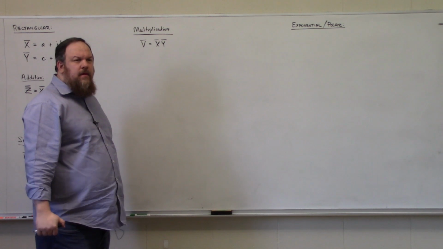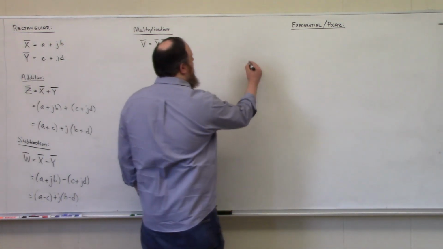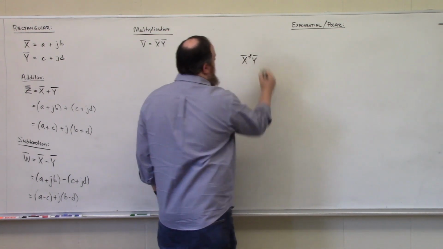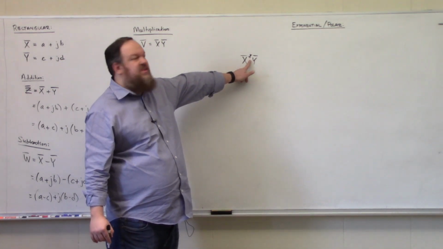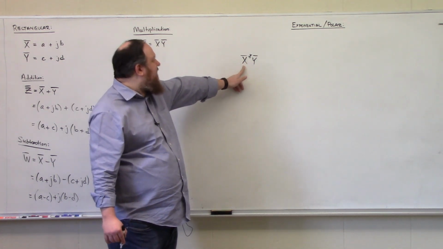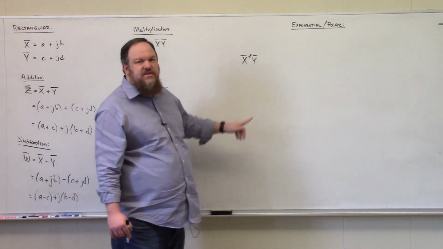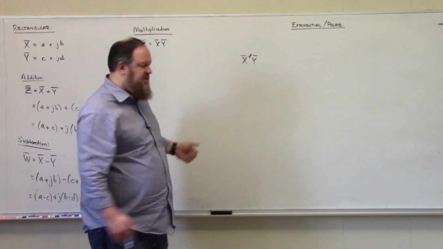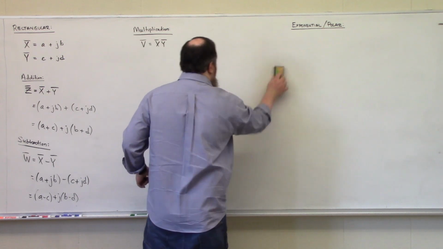Now, there will be times when you'll see, this is a quick aside, x asterisk y. This asterisk right here is not denoting multiplication. This is denoting that you are performing the conjugate operation on x and then multiplying the conjugate of x times y. So the asterisk symbol is always meaning conjugate. It is never meaning multiplication. I just want to be clear about that because it's a point of confusion among a lot of students.